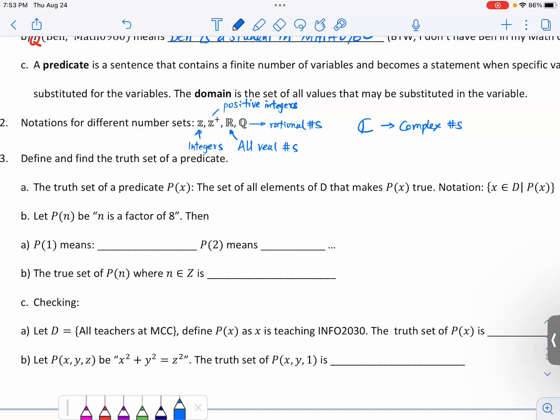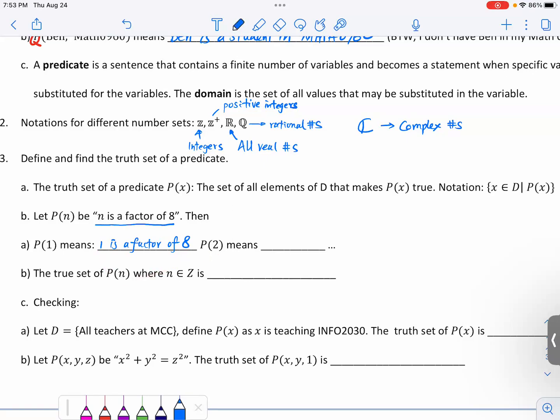I encourage you to try first. P(1) means, according to how we define this predicate, 1 is a factor of 8. That means, can 8 be evenly divided by 1? Of course, yes. 1 divides 8.